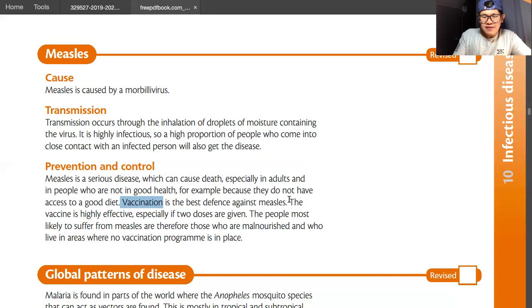And this vaccination program is highly effective, especially if 2 doses are given. Okay, same thing with coronavirus. It's very effective, especially if you take 2 doses of the vaccination. Okay, because what we are doing is we are simply preparing. The whole thing about vaccinations is you are preparing your body against the virus from the start. Yes, you might still get the disease, but even if you get it, you won't feel sick.